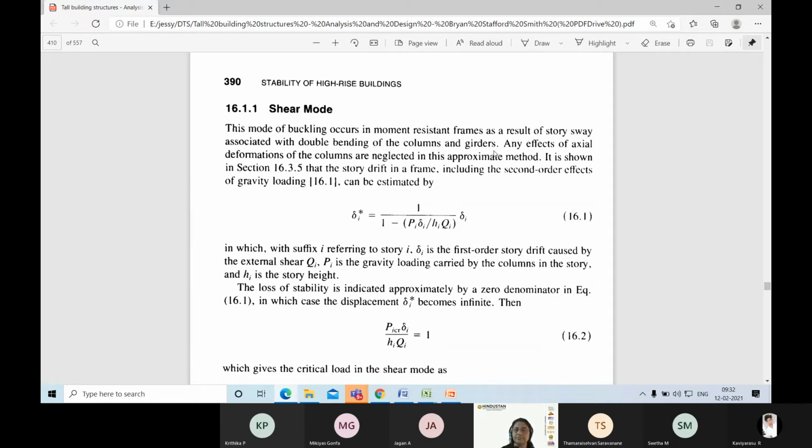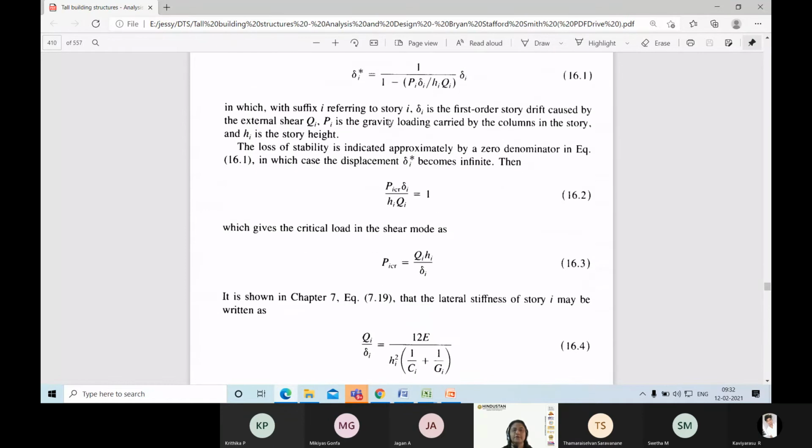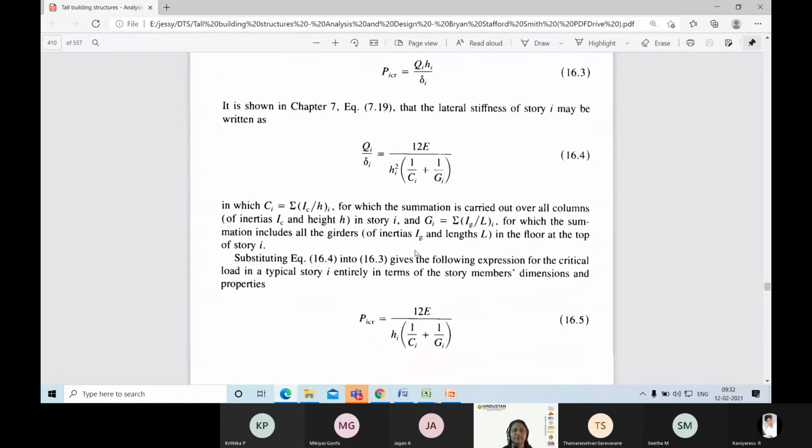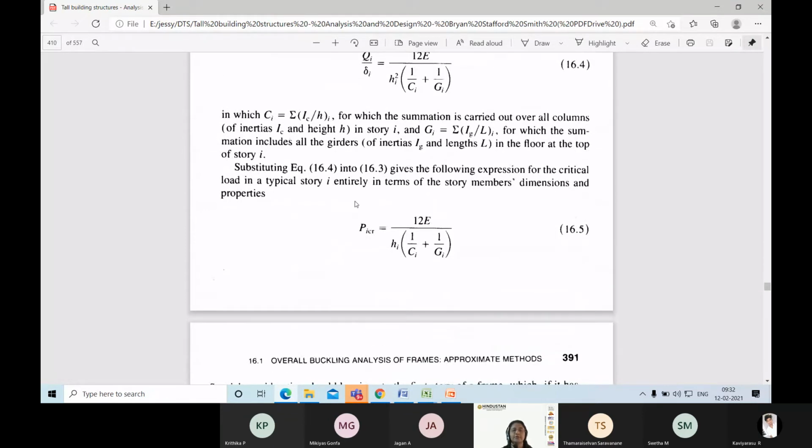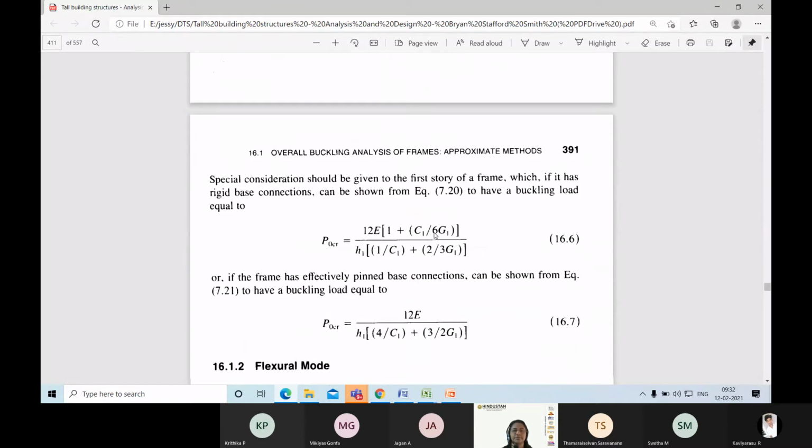Because of this bending, this shear mode of buckling can happen in a particular structure. Here the drift formula is given, how the drift is calculated, and all these derivations are given. Finally, how to calculate the buckling load for the entire structure is also mentioned here.